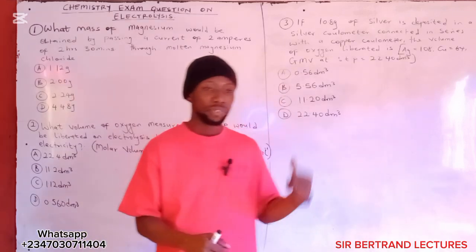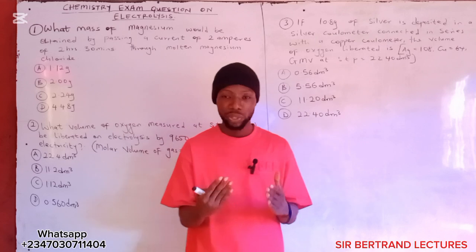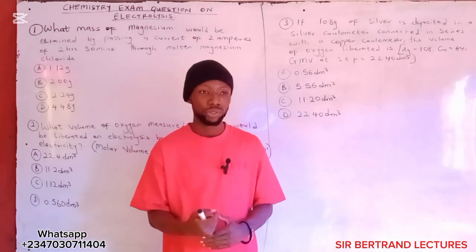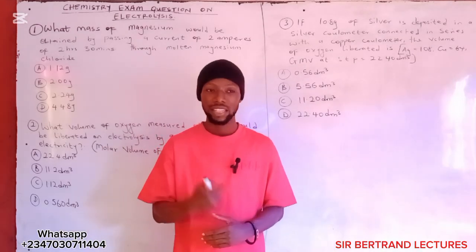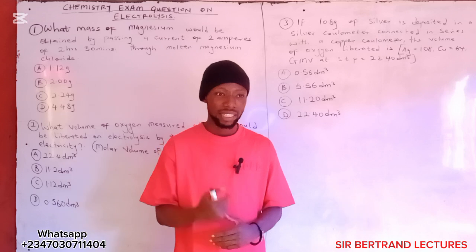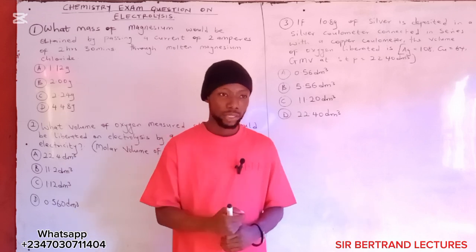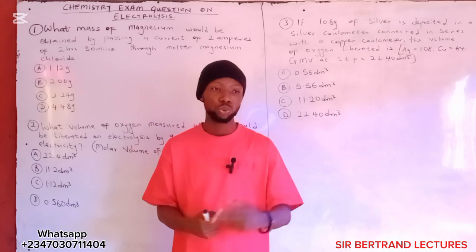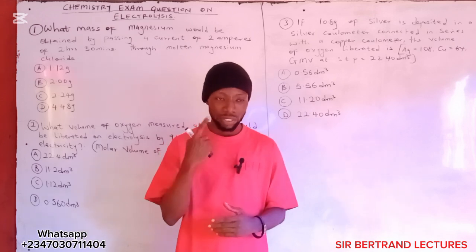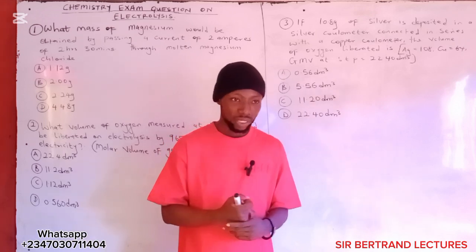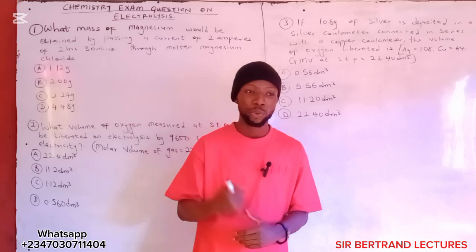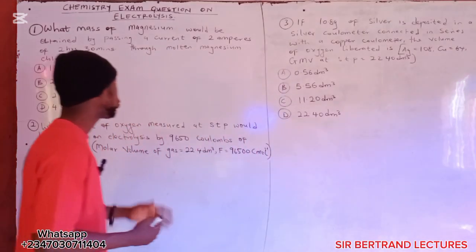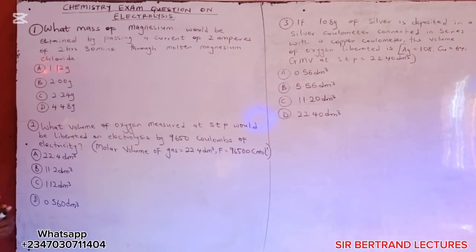In that same video, I gave you the laws we use in solving calculations on electrolysis, which I called Faraday's laws of electrolysis. These laws are two, but we discussed the first law of electrolysis, the law of Michael Faraday, and we are going to apply it here.